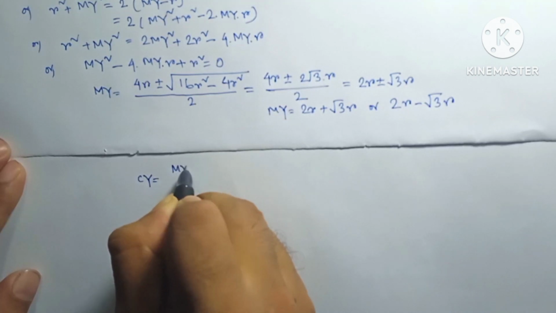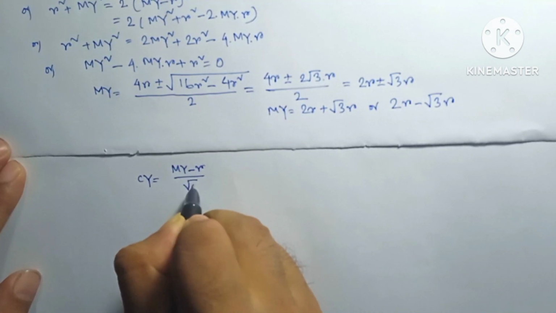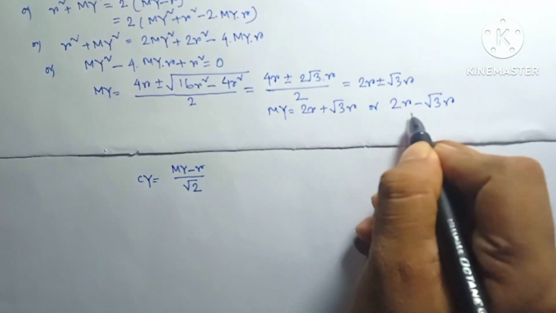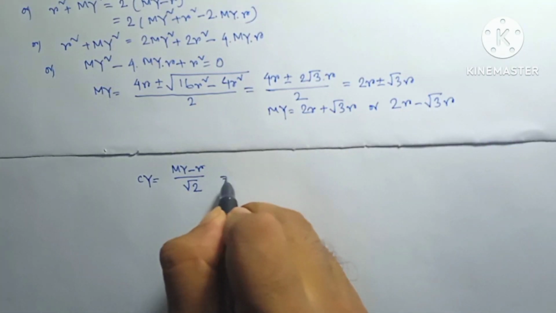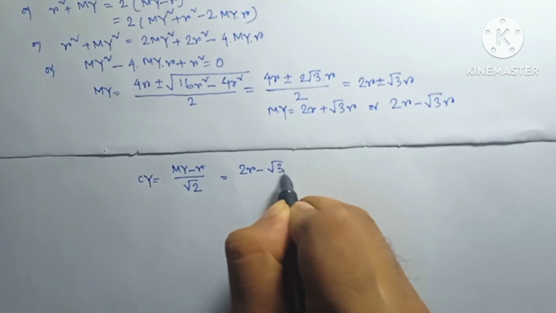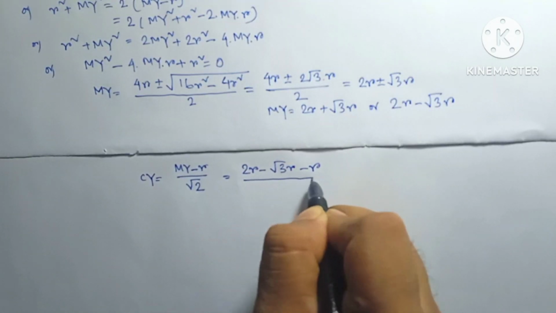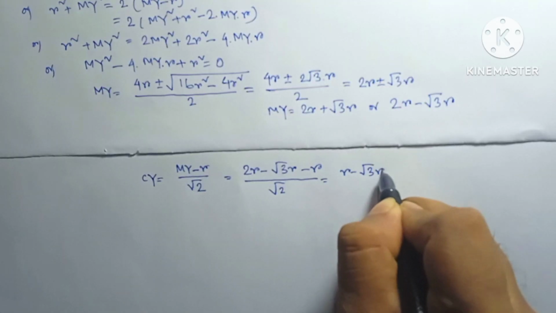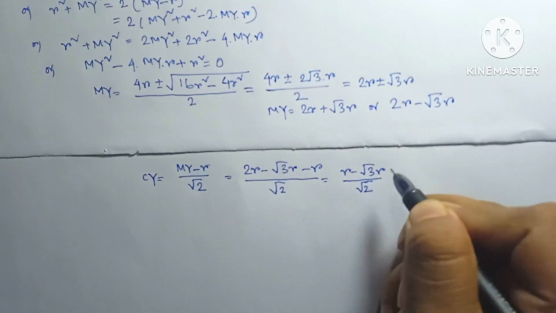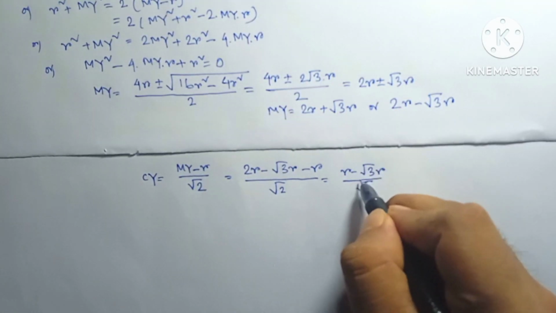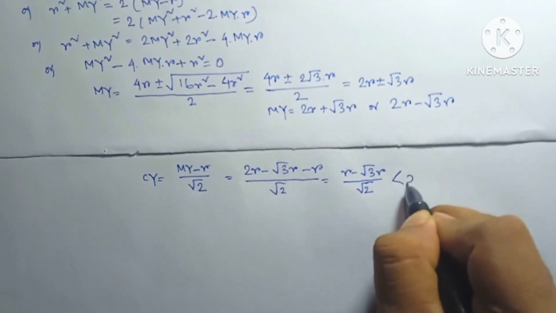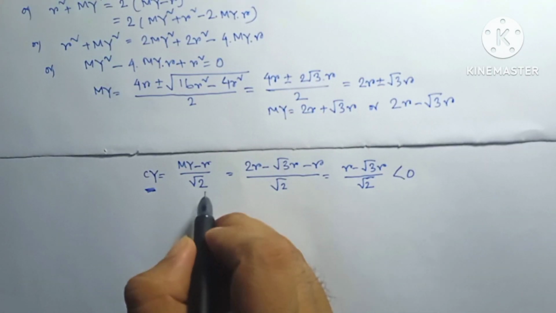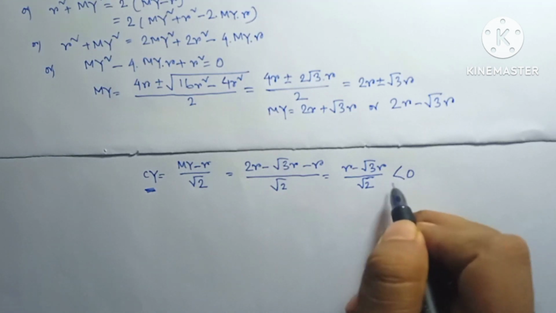Put the value of MY as 2R minus root 3 times R. So 2R minus root 3 times R minus R over root 2, which is R minus root 3 times R over root 2. You can see that this value is less than 0, but this length CY cannot be negative, so this value is not valid.